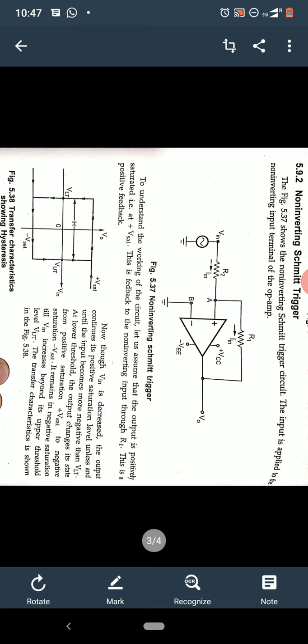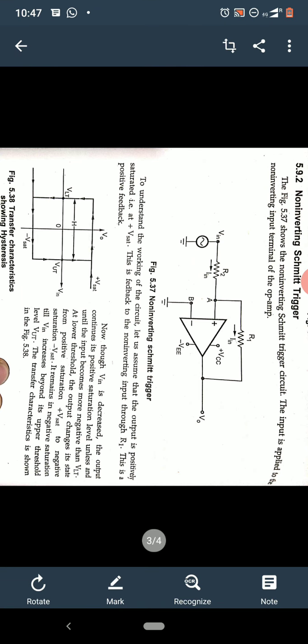Here you can see there are 2 points, VUT and VLT, that is upper triggering voltage and lower triggering voltage. Now see, when your V input is higher than the upper triggering voltage, the output of the circuit is V saturation. Okay. Now say for example, slowly you are reducing your V input voltage.